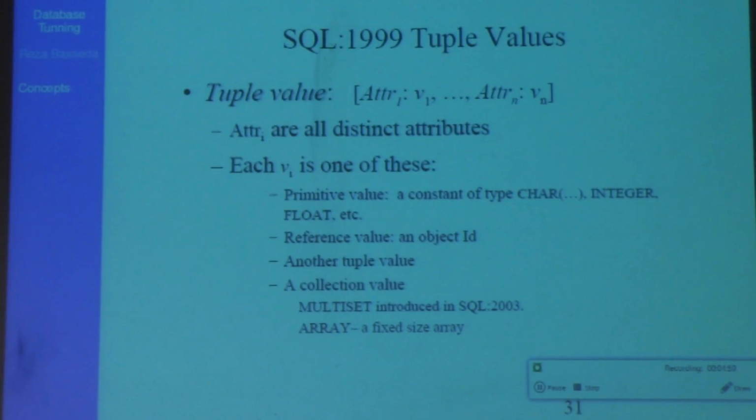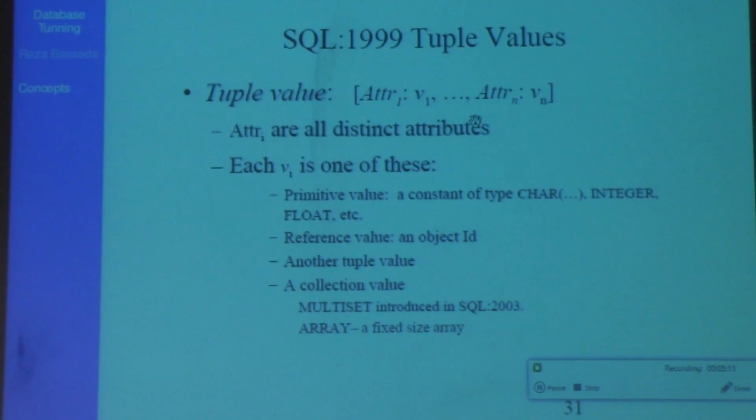Similar to what we had before, all the attributes in the tuple value are distinct attributes, and the value vi for each of these attributes could be either a primitive type like float, string, or integer.